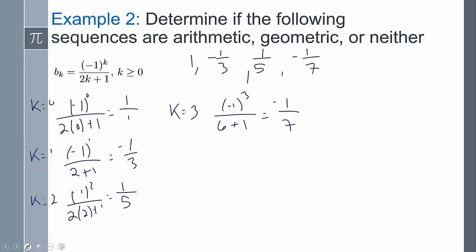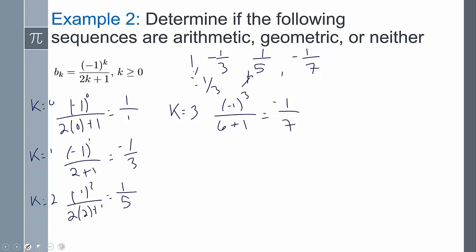Okay, so I think this is enough to see if there's a pattern being established. First of all, for me to get from 1 to -1/3, I'm going to have to multiply by -1/3. But if I multiply by -1/3 again, that does not give me 1/5. So it can't be geometric.